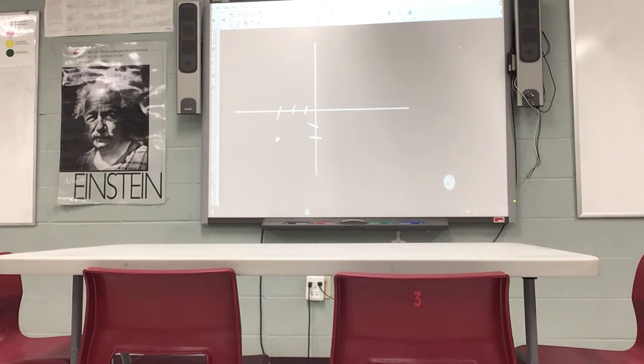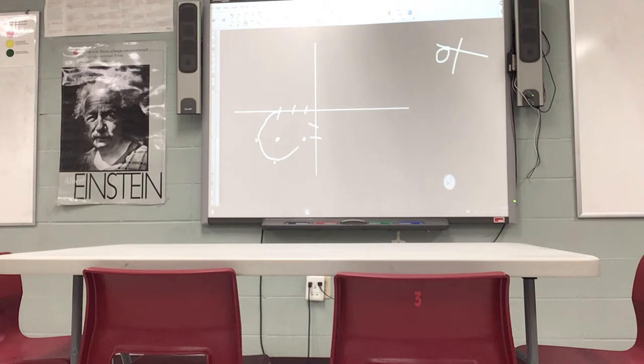That means that circle is going to be tangent to that x-axis like that. If it's going to touch that, its radius is going to stop there. So its radius is going to be 2. I should be able to count from this dot 1, 2 in every direction, and there's my circle.